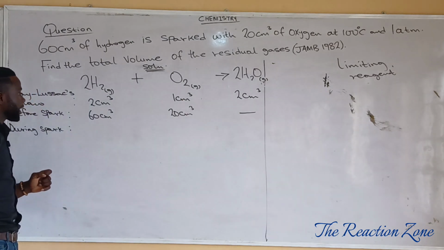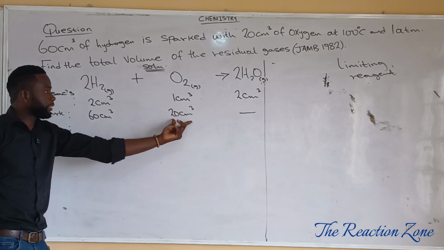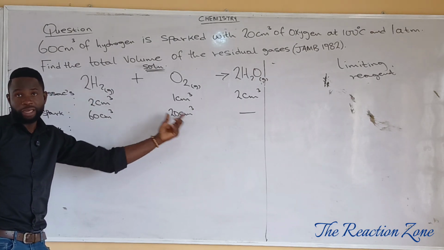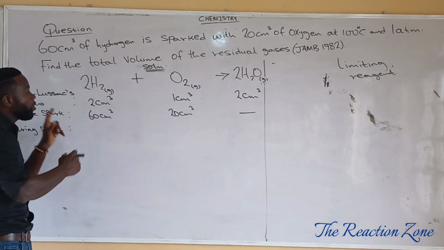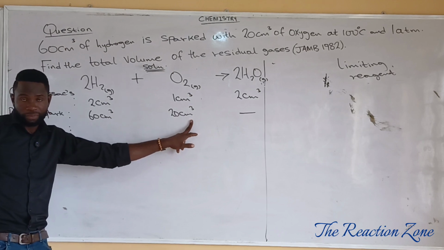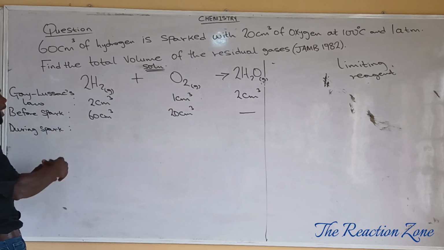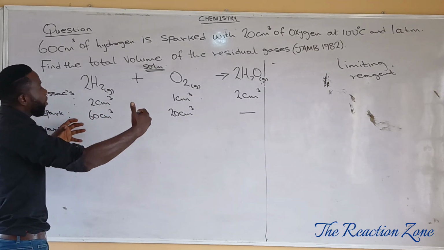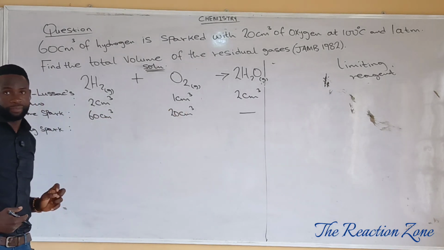So the question now is, how much of this 60 cm³ of hydrogen will combine with 20 cm³ of oxygen? Like I said earlier, the volume of hydrogen and the volume of oxygen that will combine during the spark must obey Gay-Lussac's law for this reaction, which is the ratio of 2:1.